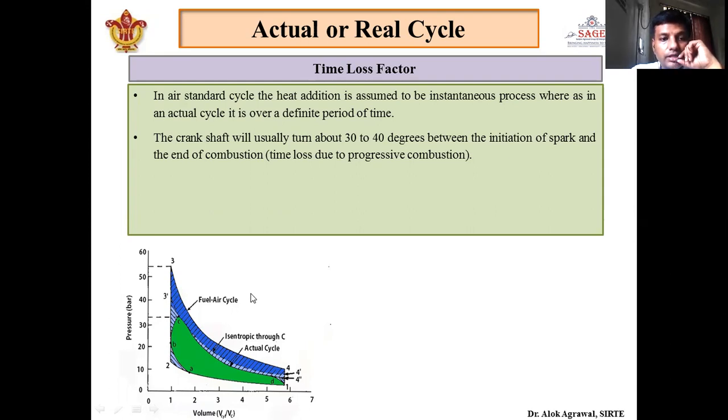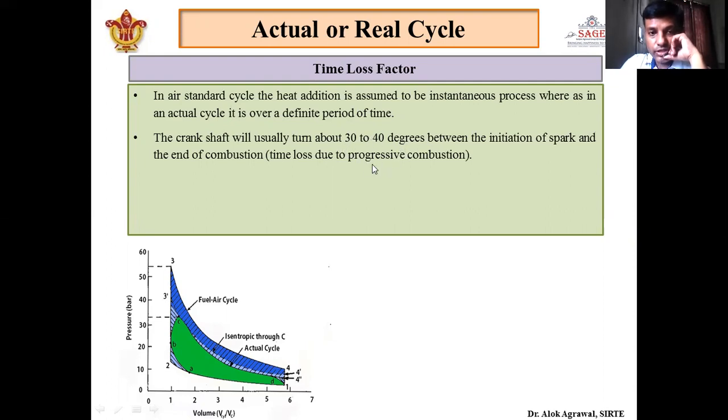But in the actual cycle, what is happening? The crank rotates around 30 to 40 degrees during the process of combustion. So it is not an instantaneous process. It takes some time, and that time is converted into the rotation of the crank angle, which comes out to be 30 to 40 degrees.